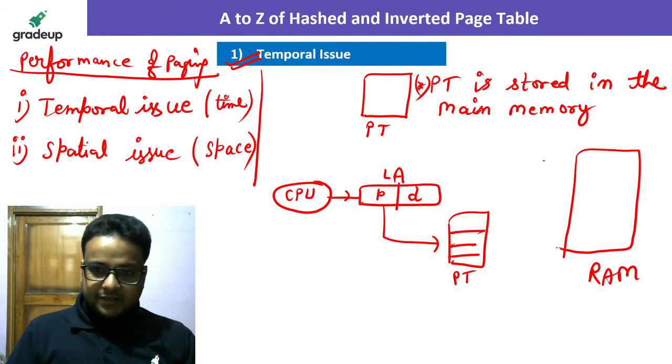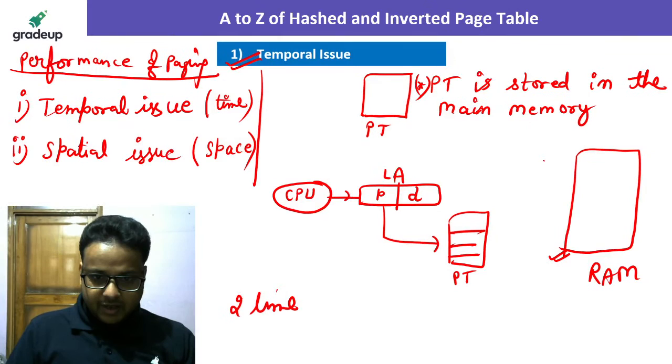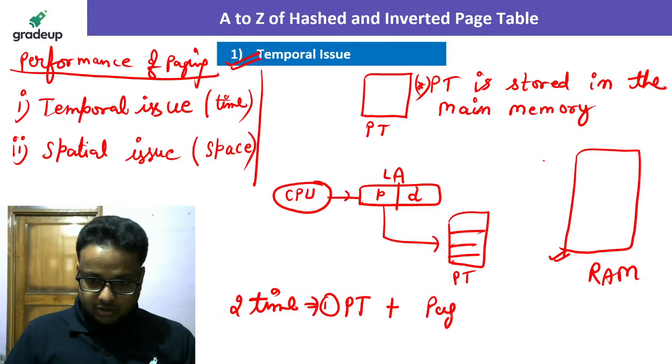So you will access actually RAM two times. Okay, two times you have to access RAM, because first is for page table and the second is to access the actual page.